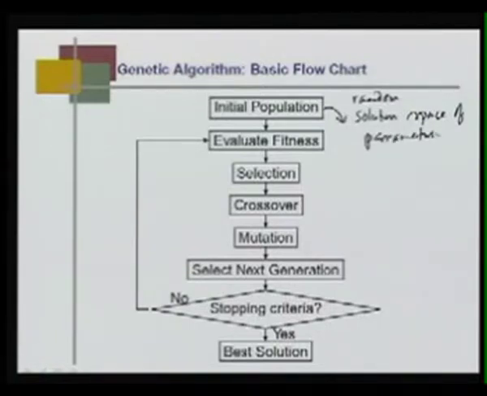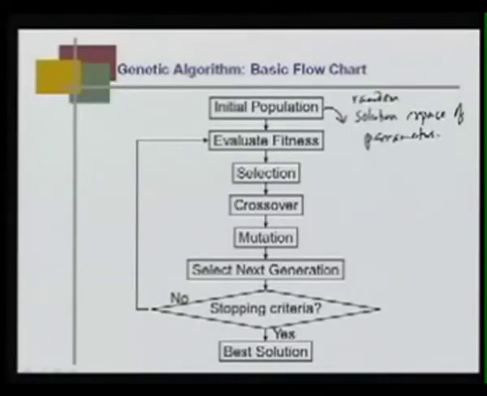If every parameter has a certain range, in that range I create random numbers, then I take each parameter set and evaluate the fitness.